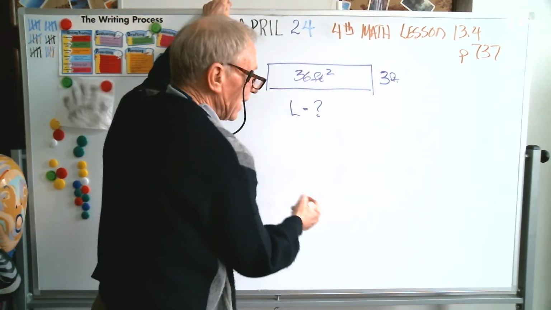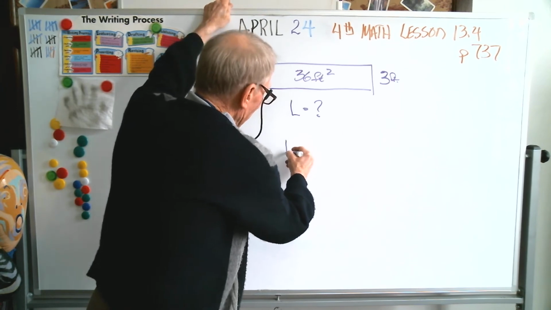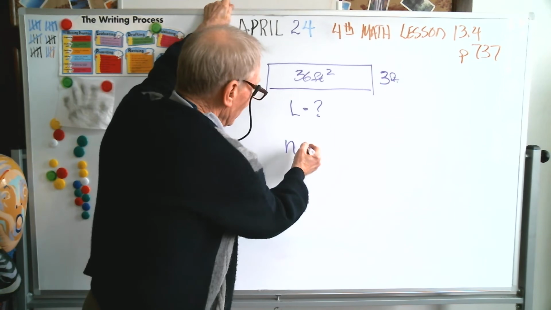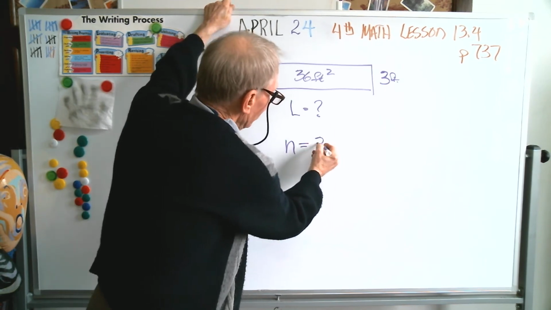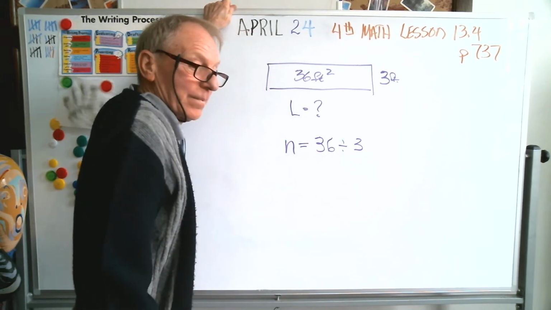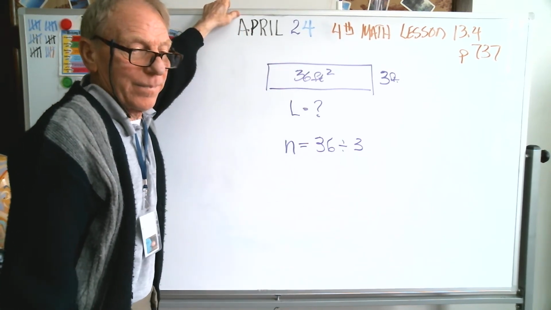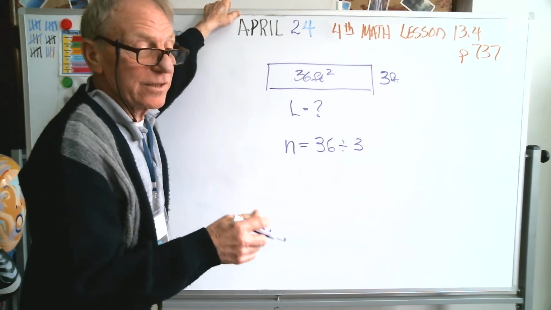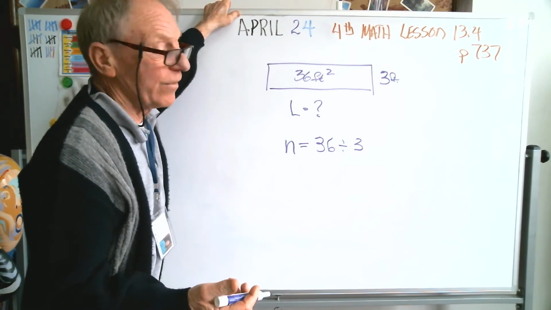So our length, they like to use the algebraic term n, will equal 36 divided by 3. And that'll give you the length. 36 divided by 3 is 12.